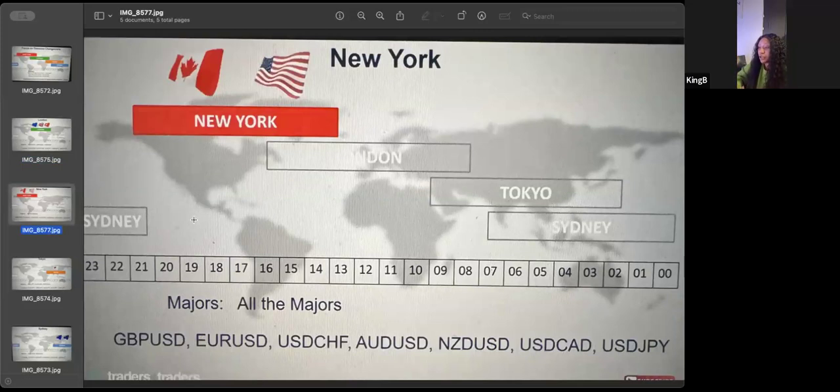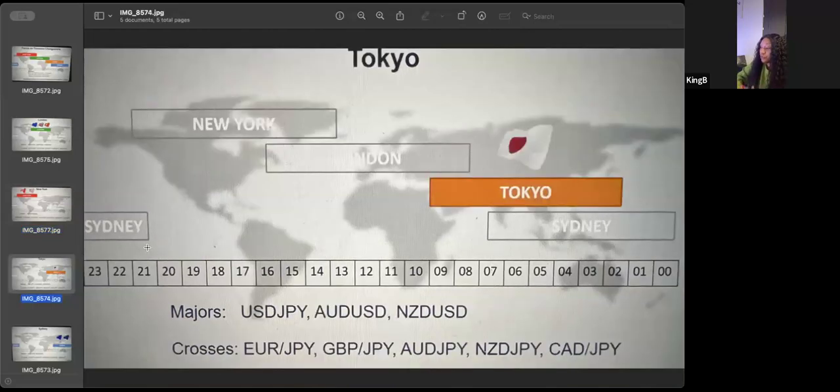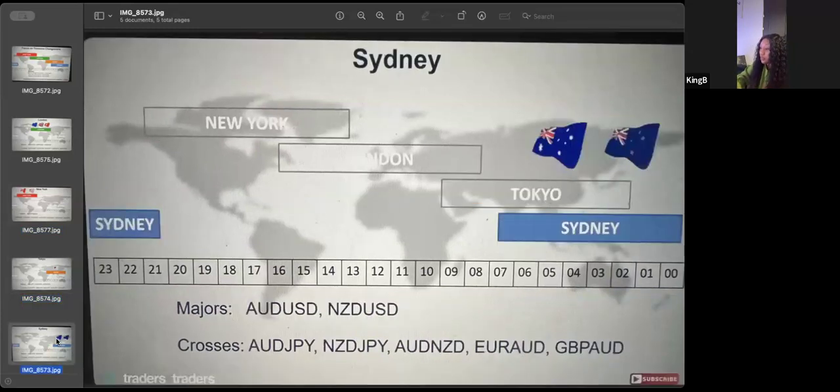So this is the New York session pairs. If you want to take a screenshot, that's fine. Then you have Tokyo, where you have your NZD/USD, your AUD/JPY, your CAD/JPY, and the likes. Tokyo is also known as the Asian session. You have your Sydney session, right? So these are the pairs that move in these session times.